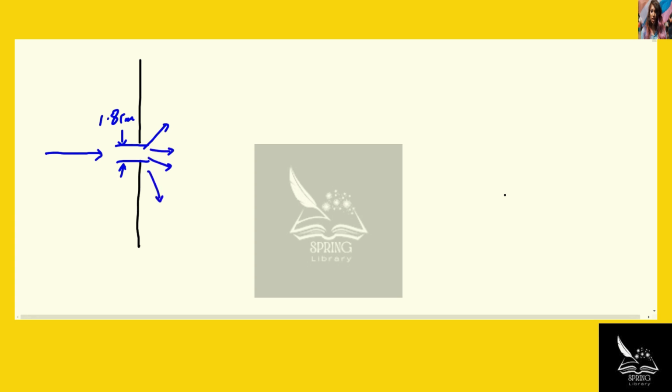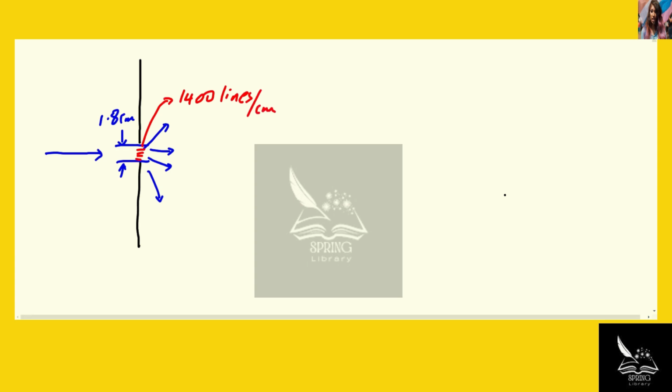It so happens that the gap has gratings within it, and these gratings provide 1,400 lines per centimeter. So you can imagine what's happening right here.